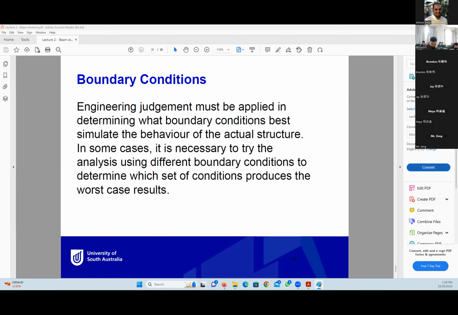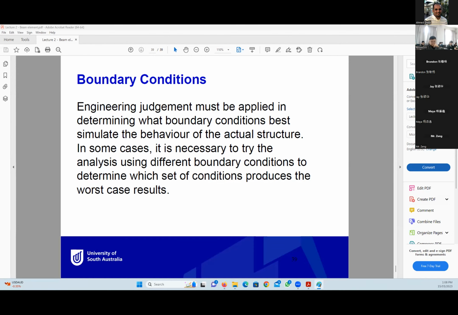So now we know how to derive the bar element stiffness matrix using the direct method and the formal procedure or the shape function. And also we know how to use the shape function to get the beam element stiffness matrix, which is not very important to focus on.